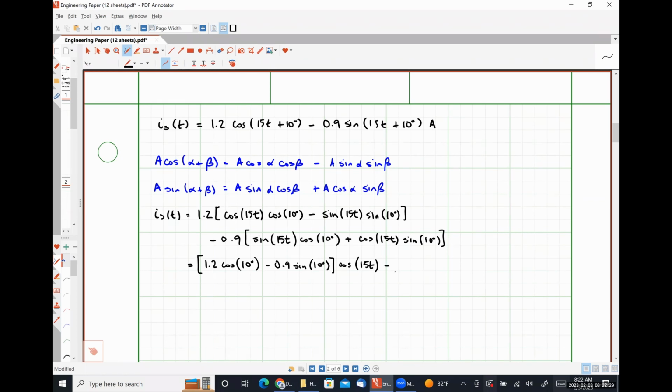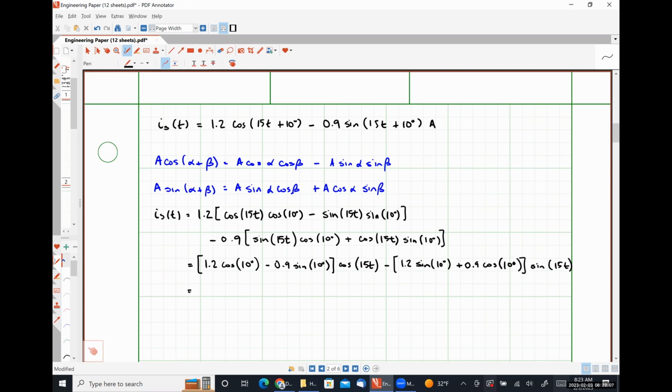And then I'm going to have a minus sign for both of these factors, so I'm pulling the minus sign outside. So I'm going to have minus 1.2 sine 10 degrees is multiplied by sine 15t, and 0.9 cosine 10 degrees. This is also multiplied by sine 15t.